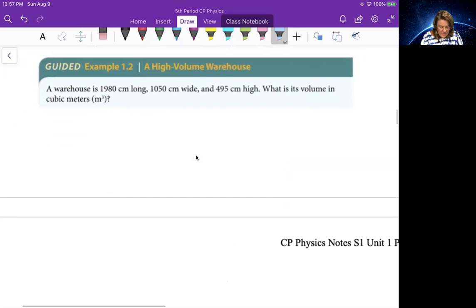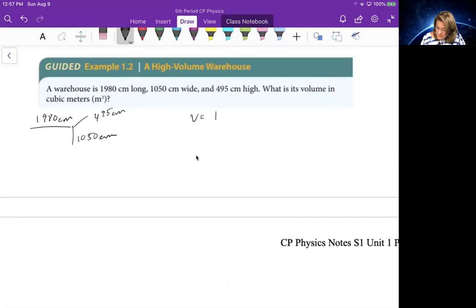So let's do a quick problem. These are straightforward problems. I have a warehouse that has a length of 1980 centimeters, and it has three sides basically. I don't remember which side's what. And then I have one that is 495. I may not have done that properly, but here we go. I want to know the volume. What's volume?